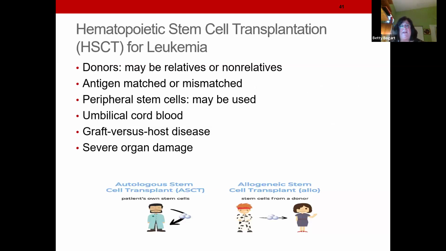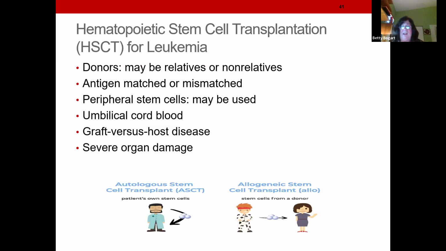Now, sometimes they need to do a hematopoietic stem cell transplant, and there are different types. Today you're given the opportunity to take the infant's umbilical cord blood and save it, but it's expensive, so many people don't.